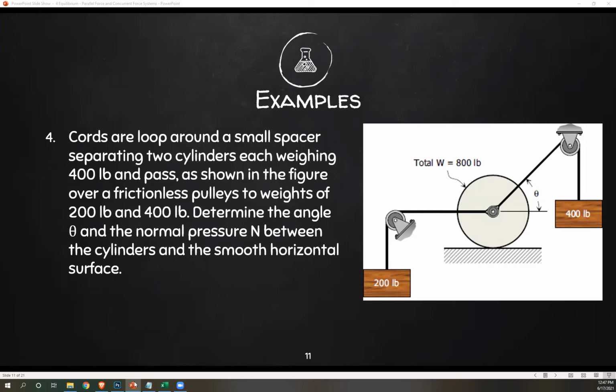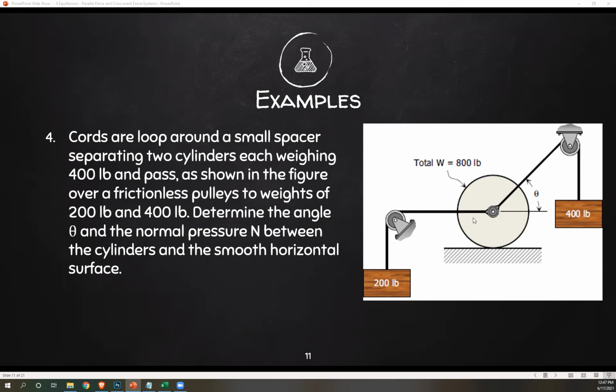So once again, we're looking for 2 things. This theta and then the normal pressure between cylinder and surface. Once again, there's normal force here because it's 2 objects in contact. Okay, so basically, we have this system of cords along a pulley towards this cylinder.